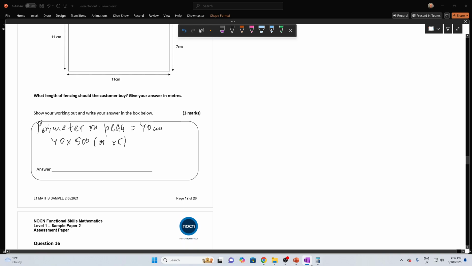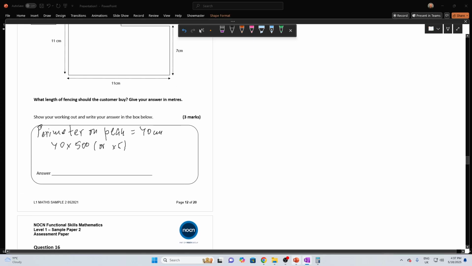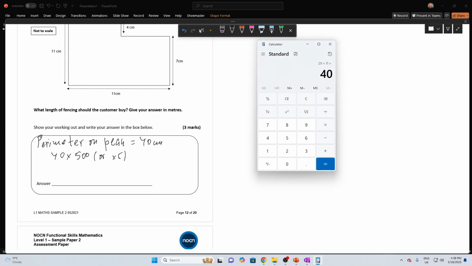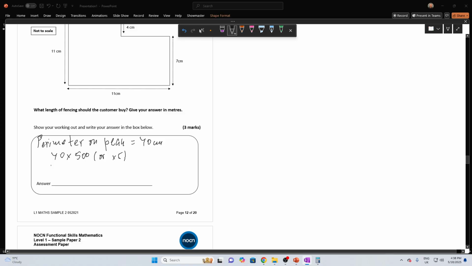is going to be 40 multiplied by 5. That's going to be 200 meters. So I'm going to have 200 meters.